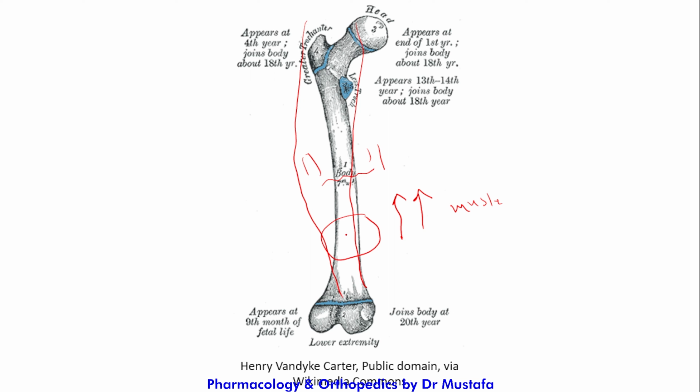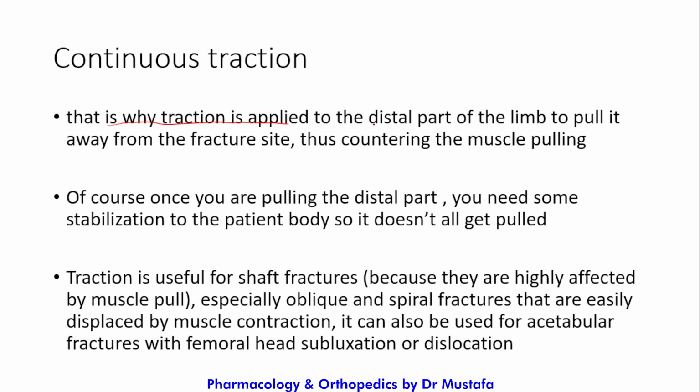So the idea of traction is that we apply a force that is opposite to the muscle pull, in this direction, and we try to pull the bone away, opposite to the muscle effect, and this would relieve the pain and prevent the injuries also, and that's the idea behind traction. So that's why traction is applied to the distal part of the limb to pull it away from the fracture site, thus countering the muscle pulling.